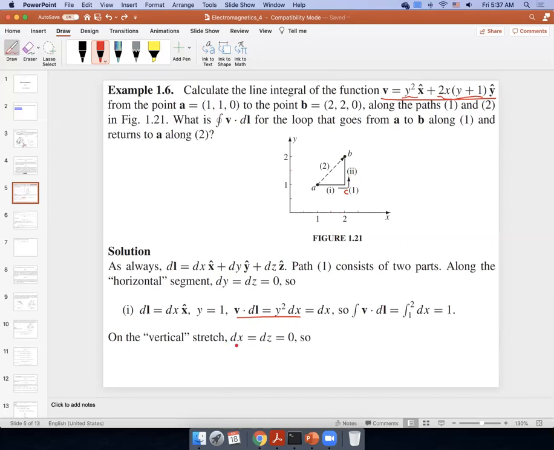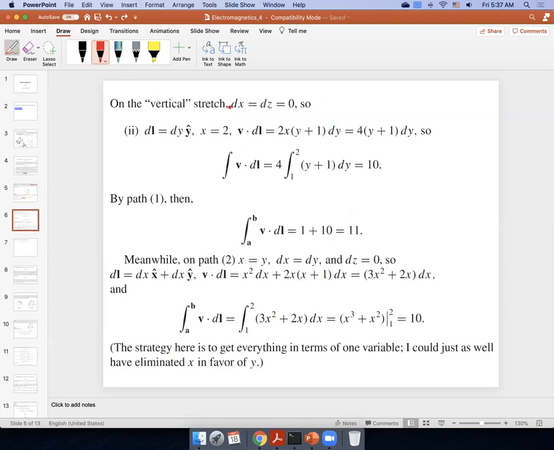Now let's see from c to b, or double I. In this case, x equals 2. It's a constant, so dx equals 0, and dz is 0, of course. So we only have y as a variable; y is a variable, x is constant.